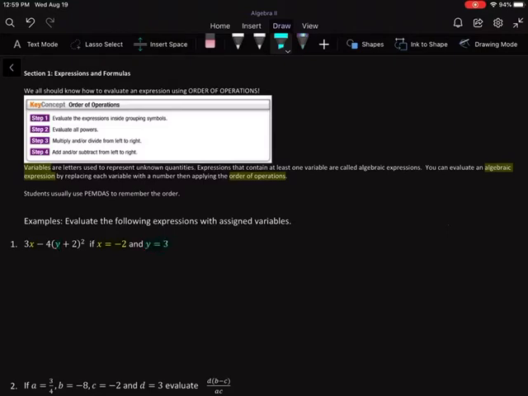So I literally just rewrite that. I have 3 times -2 minus 4 times 3 plus 2 squared.